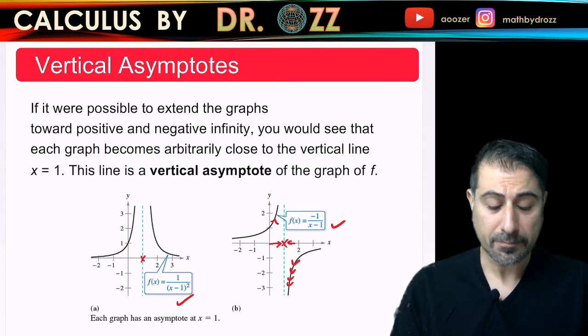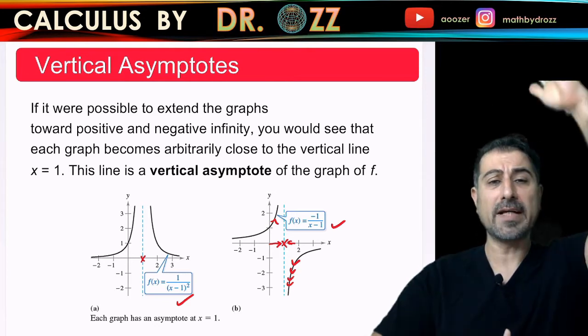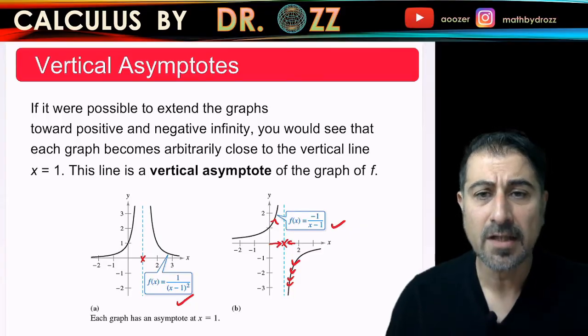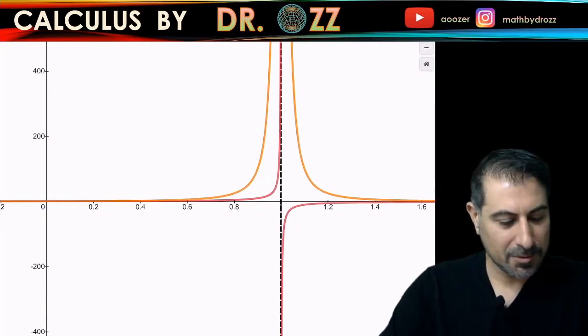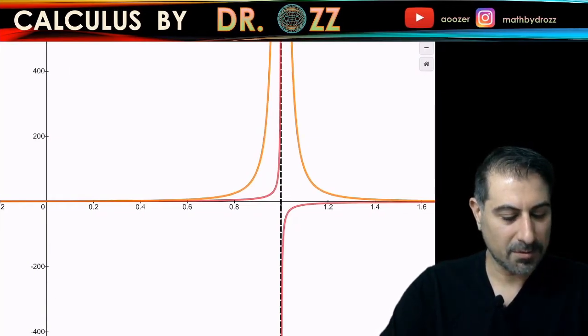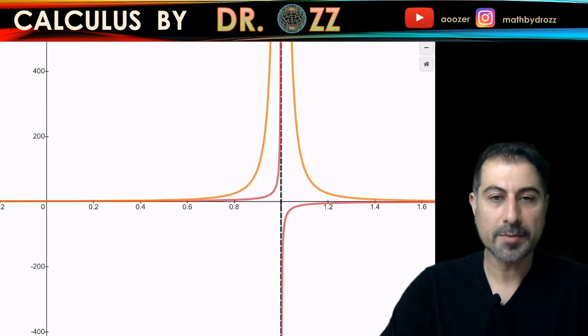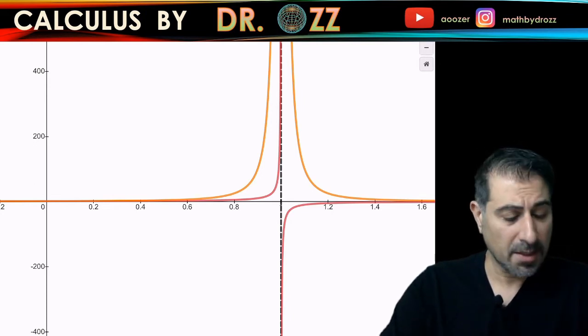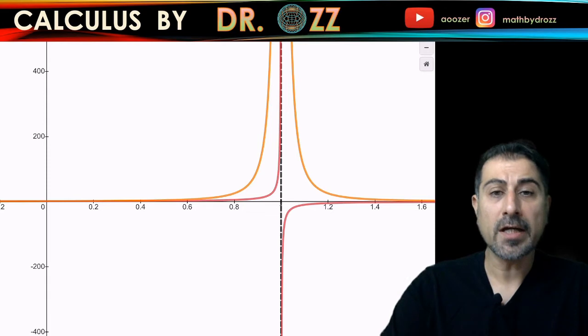Okay, so if we expand the graphs all the way to plus or minus infinity, here we go. I plotted two of them in the same plot. The red and orange curves represent these two functions, and the dashed line is the vertical asymptote.